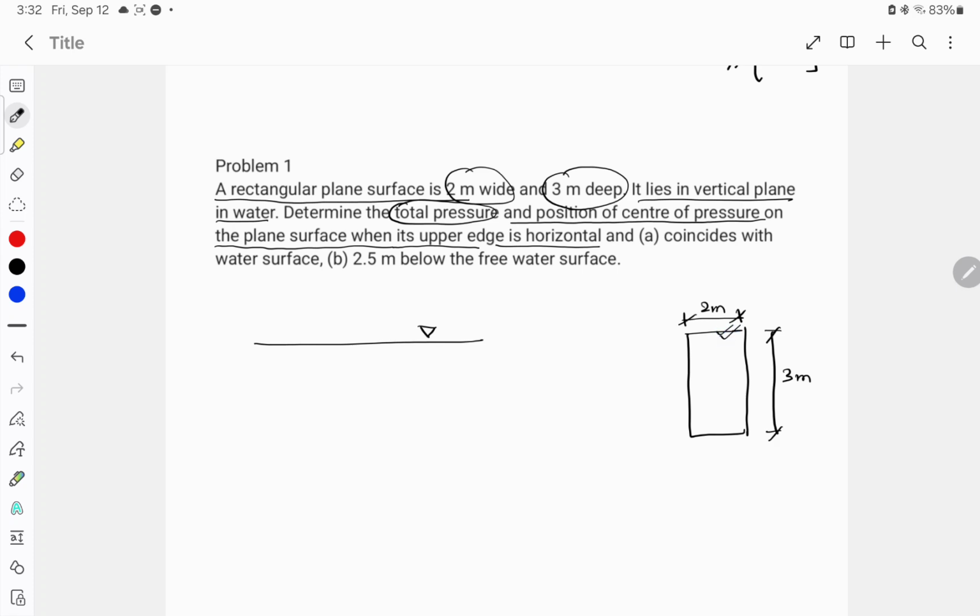In part A, the upper edge is coinciding with the water surface. This is the typical arrangement. If you look at it from the front, it will look like this. If you look at it from the side view, it will look like this. I have drawn both the views.